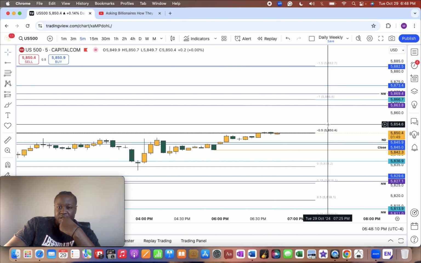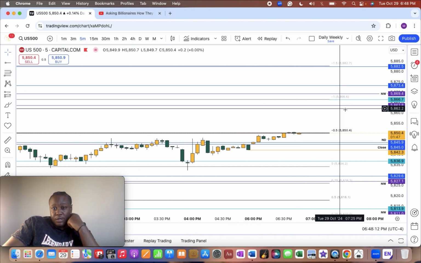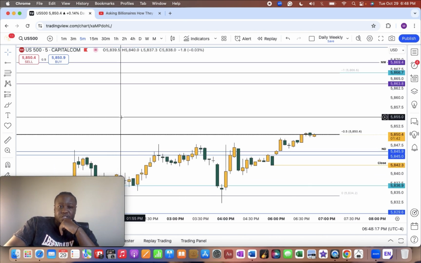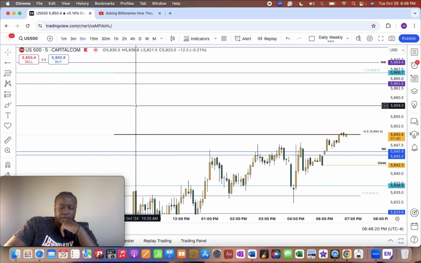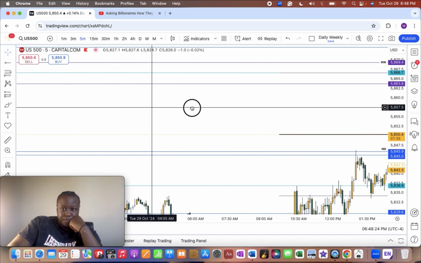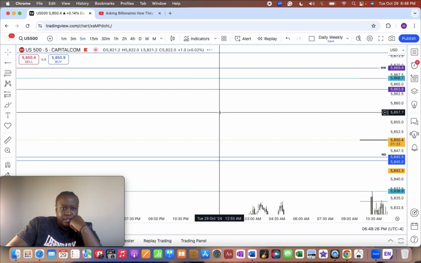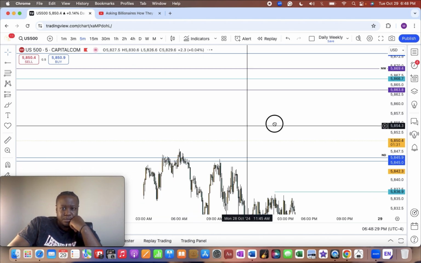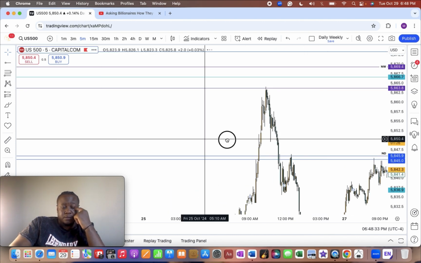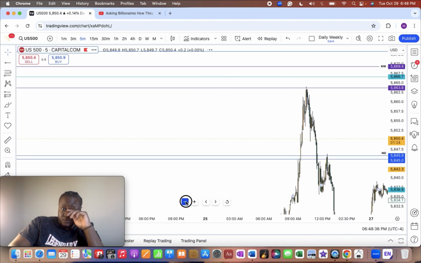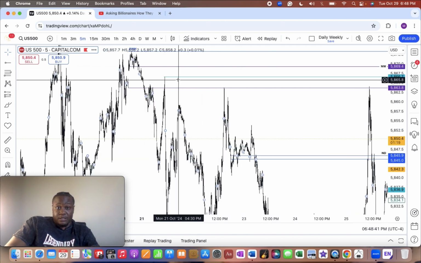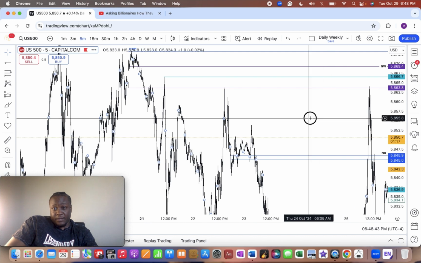You can see the extension level of negative 1.5 actually lines up with a potential high that I have marked off. Let's see, zoomed out. This blue line right here. Yeah, so it lines up perfectly with this potential high right here within the new week gap.